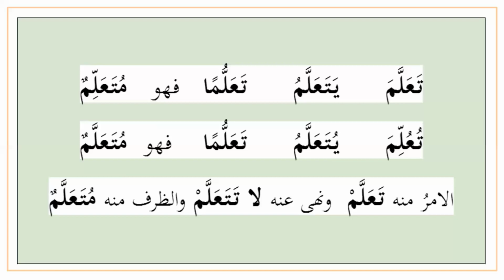You can put those 3 letters in family 5. So this is not only for Mazid Fihi, this is also for Thulathi Mujarrad, and also for advanced sarf, for irregular verbs.